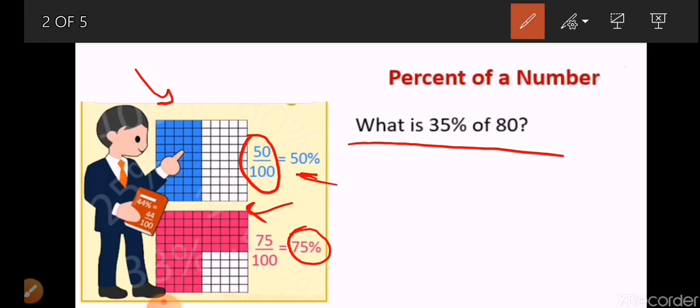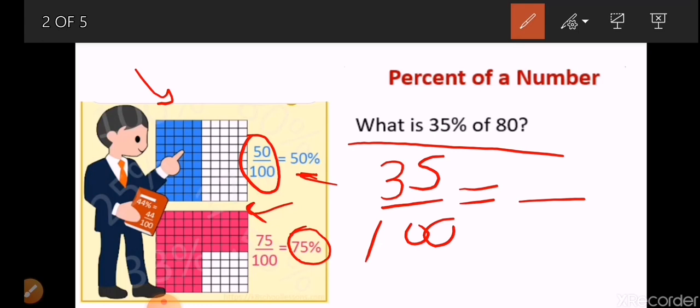Here we can get it by using proportions. 35% means 35 out of 100. What is the equivalent ratio of it, but out of 80? You will do cross multiplication to find how many from the 80 to make 35%. So 80 multiplied by 35, divided by 100.